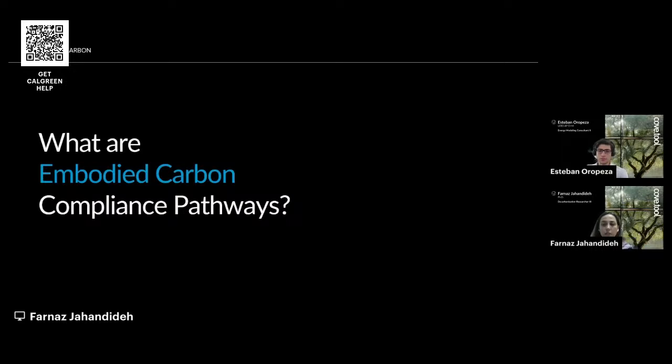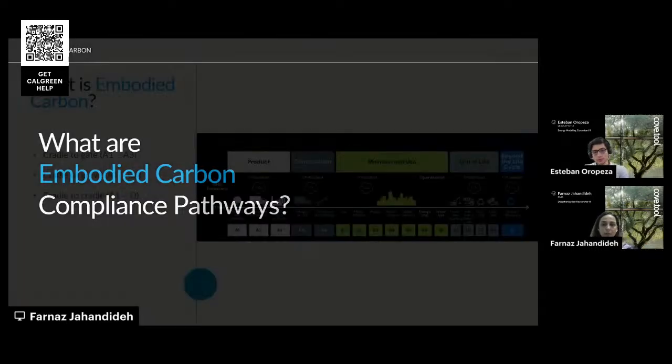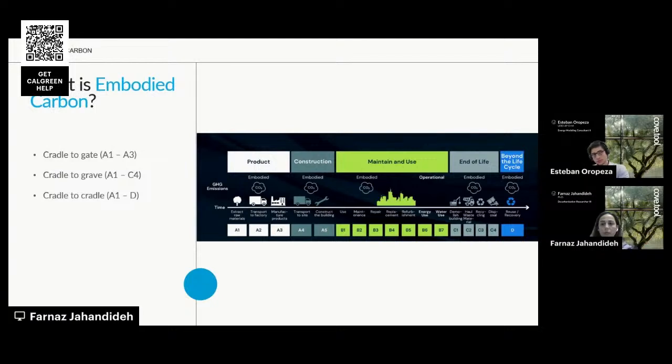To understand each option, we need to know what embodied carbon is, where embodied carbon shows up in the construction process, and the scope of each of those pathways. All right. So, what is embodied carbon?